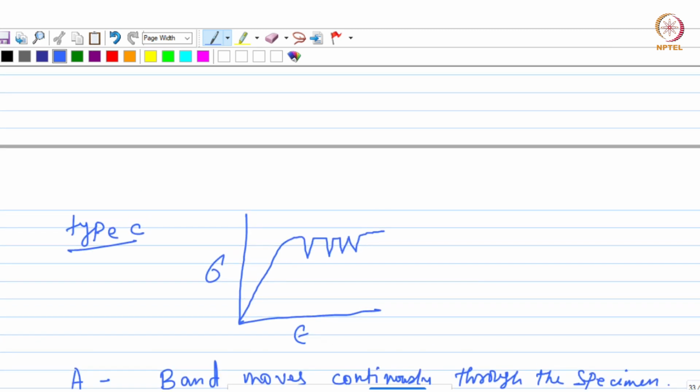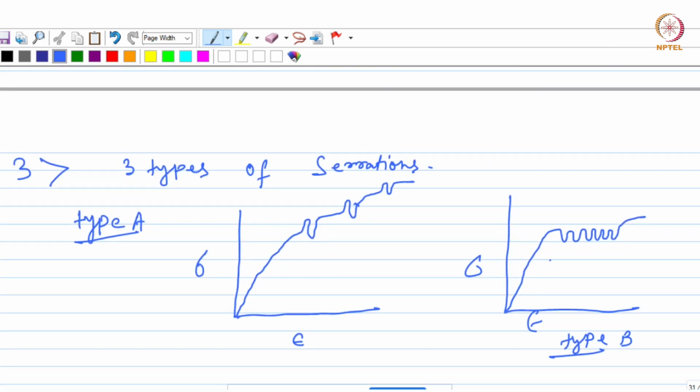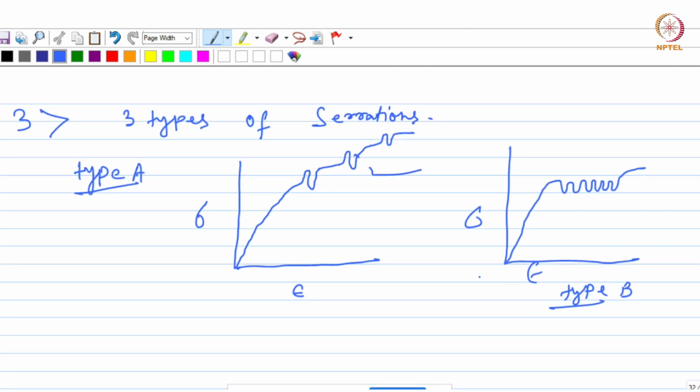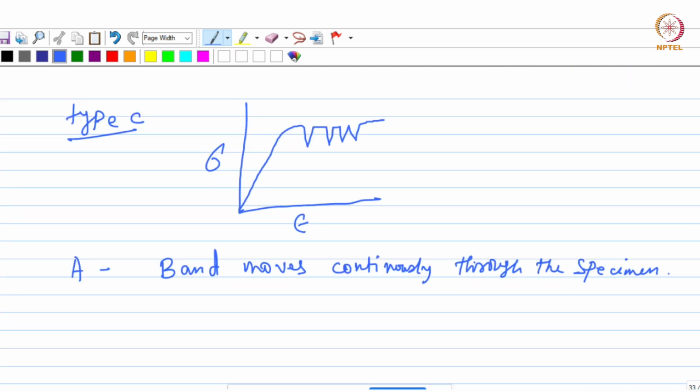So here you could see that there are humps and valleys, right? Here and then again you have a valley, right? So it always consists of humps and valleys, as you could see from here. So these humps and valleys basically correspond to disappearance of a band and then initiation of a new band.